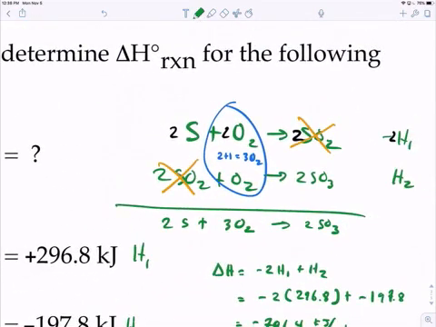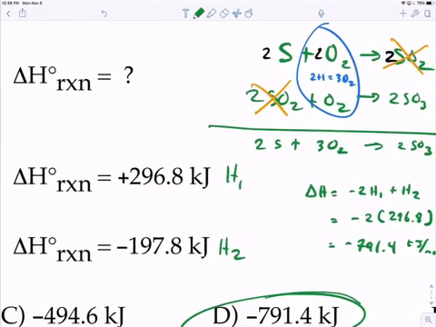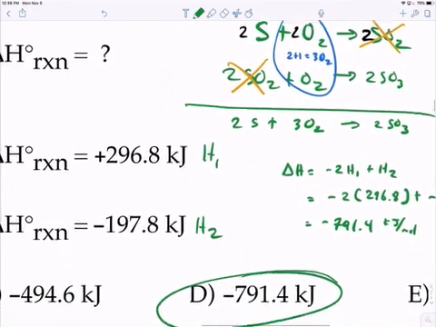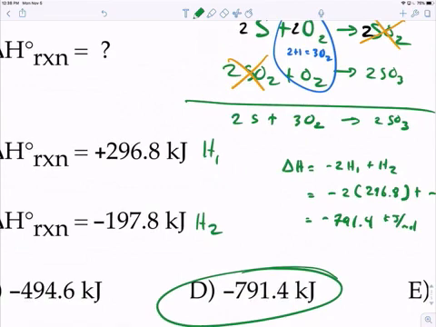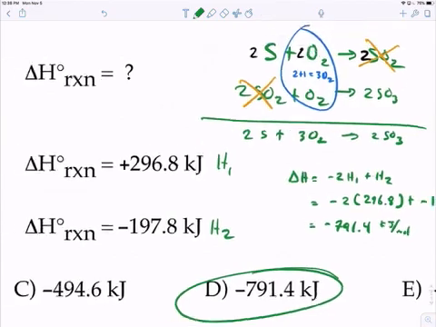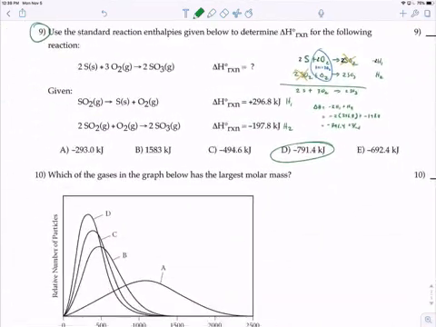To get rid of the SO2 intermediates, you can multiply by 2, or you can see that you need 2 sulfurs, so you multiply the top one by 2. Either way, you want to look at the logic. Both work out. Multiplying the top one by 2 and adding together, we get the equation that we need. And so then it's the opposite of 2 times the first enthalpy plus the second enthalpy. Put them together, and we get minus 791.4. Questions with this one? I like Hess's law. Students usually don't like it.